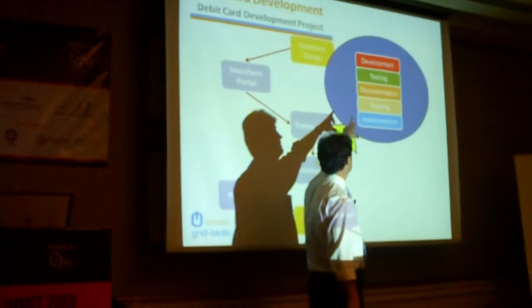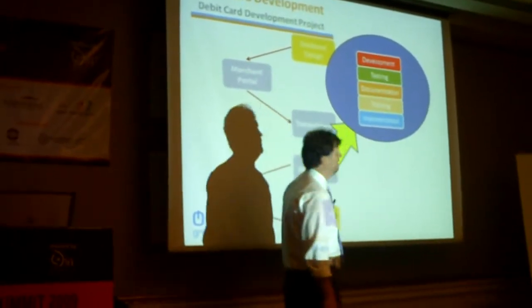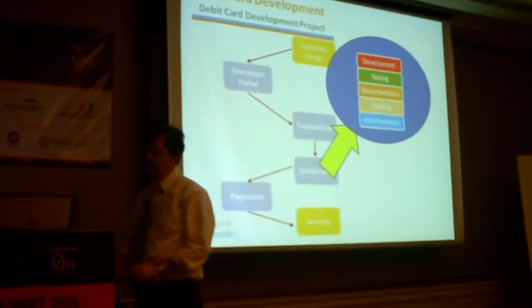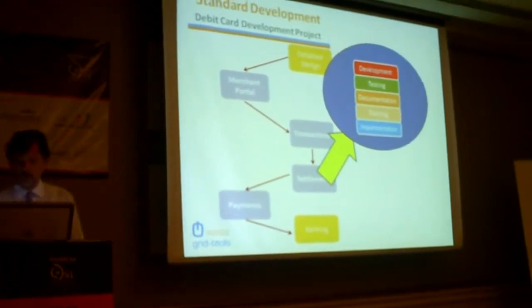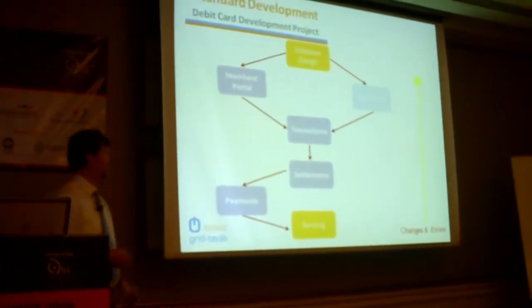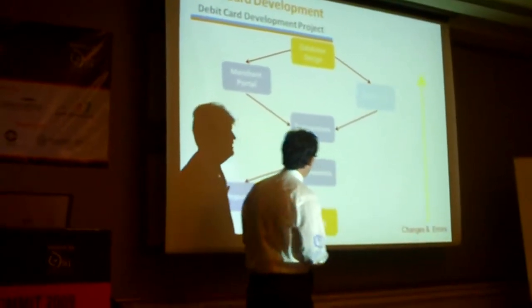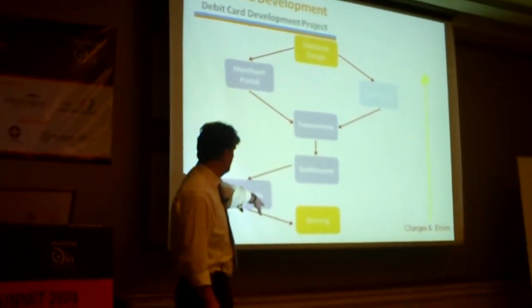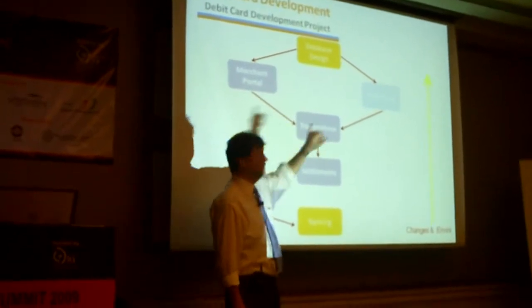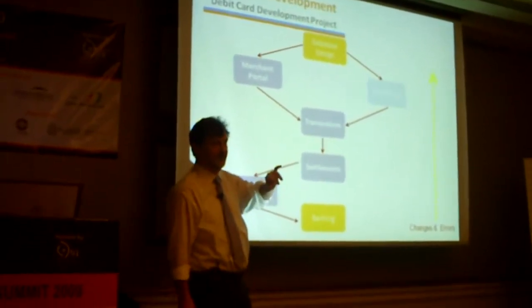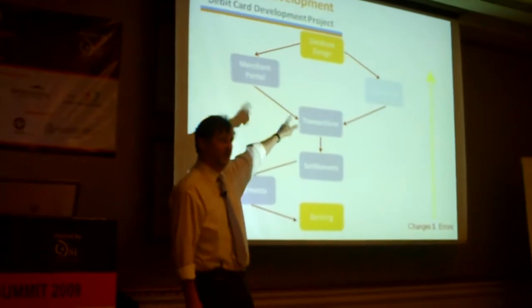Probably testing is where you guys live. Now the problem, of course, with this very sequential structure is that if you find any problems in the payment system, when you can't track back to a card, then you've got to go back, change the structure, and work your way through.